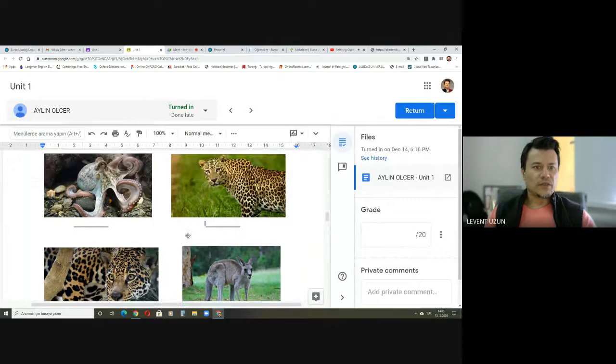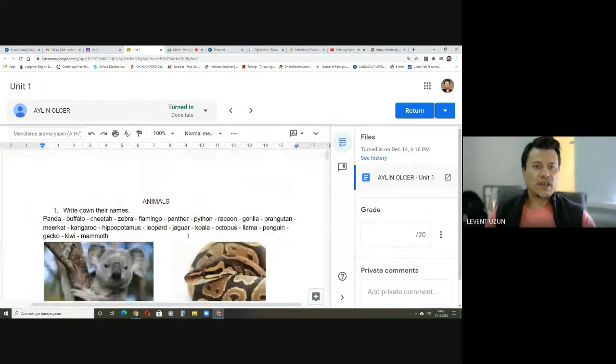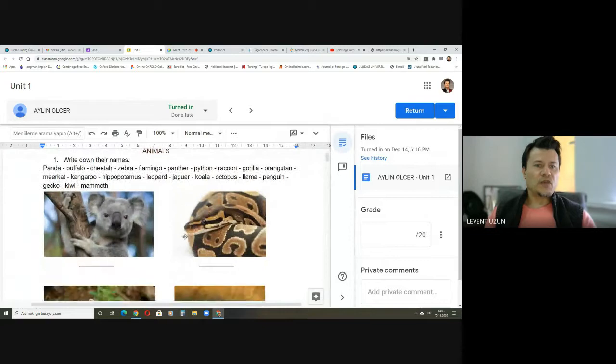So they will be able to write the names of the animals here. The main aim of this unit should not be to teach these words, because all of these words are cognate words. But with this activity, we teach how these words are written in English, the correct spelling in English.